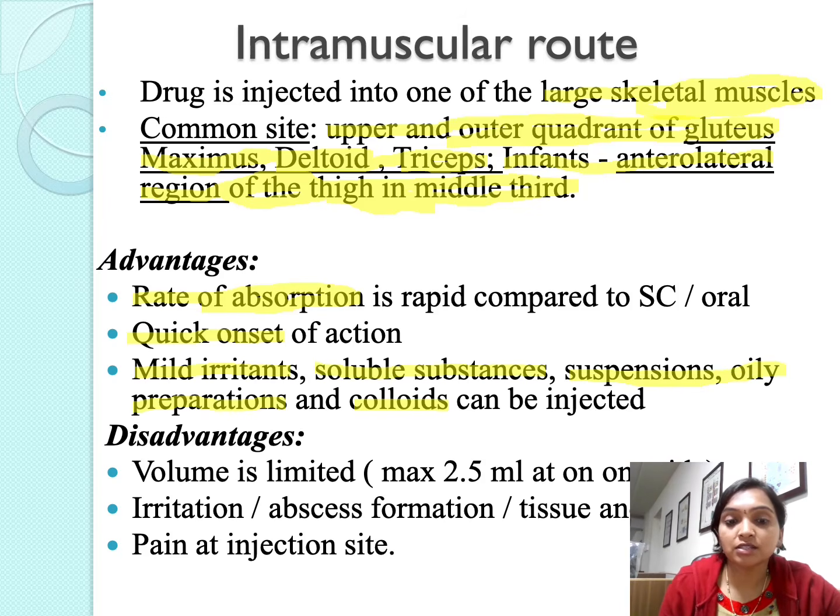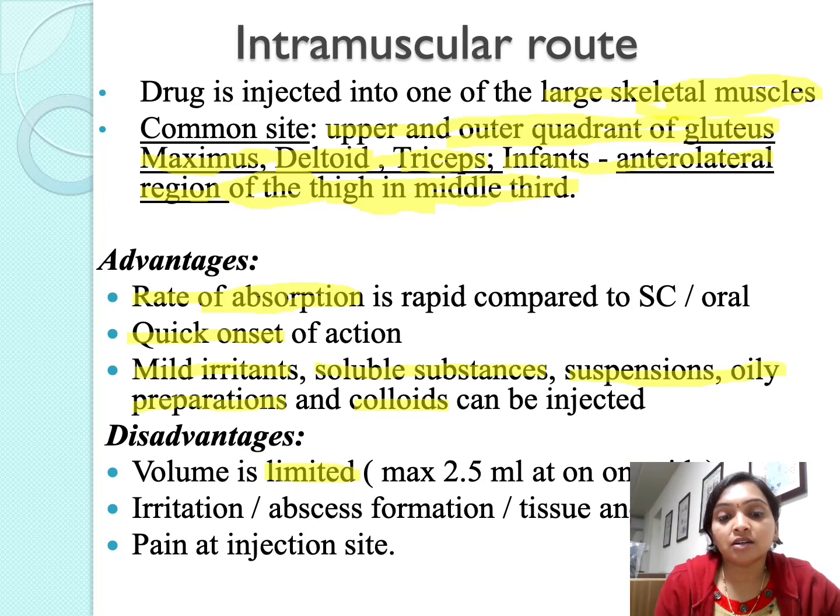The disadvantage is that the volume in this route is limited. For example, the maximum volume you can inject at one time at one site: in one gluteus muscle, 2.5 ml is the maximum dose you can give. Likewise, on the other gluteus you can give 2.5 ml. So this is the maximum dose for the gluteus maximus.